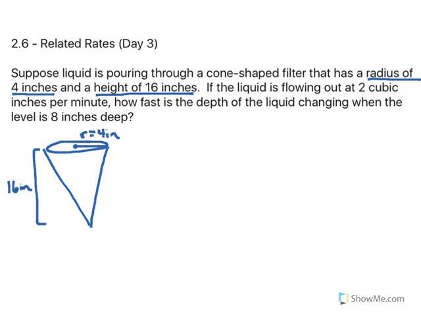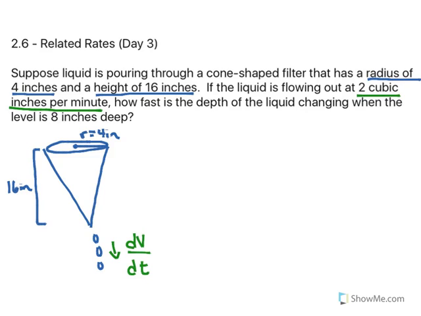What else do we know? So we know that liquid is pouring through the filter, and it's flowing out of the filter. So you can picture it like there's liquid coming out this end. Okay? It's flowing out at a rate of 2 cubic inches per minute. Now because it's cubic inches per minute, that's talking about volume.